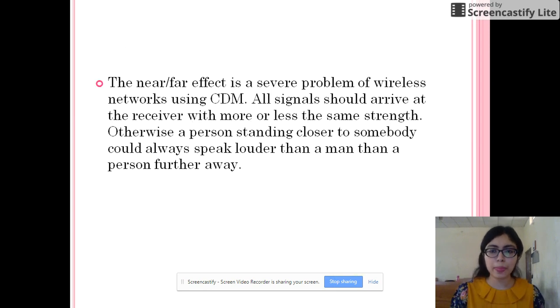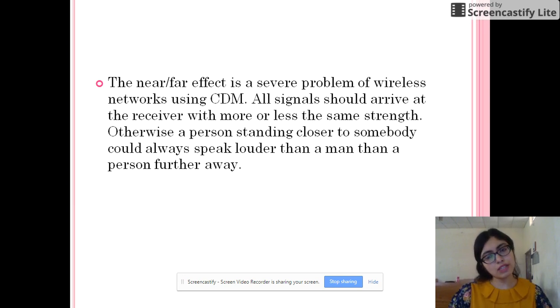All wireless signals should arrive at the receiver with more or less the same strength. Otherwise, a person standing closer to somebody could always speak louder than a person farther away. So these are the two basic problems because of which CSMA/CD and other wired-connection protocols cannot be used with wireless networks.